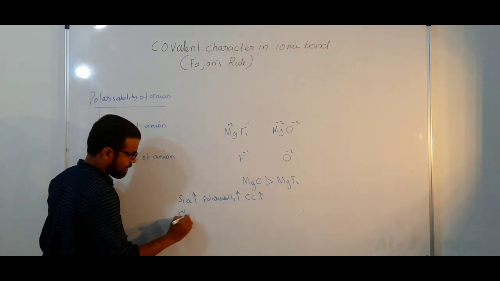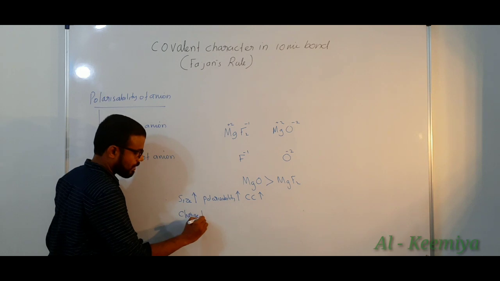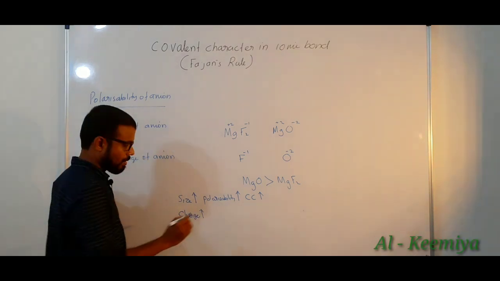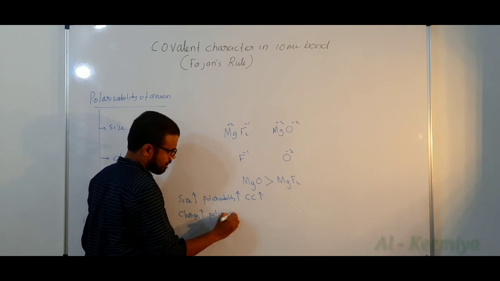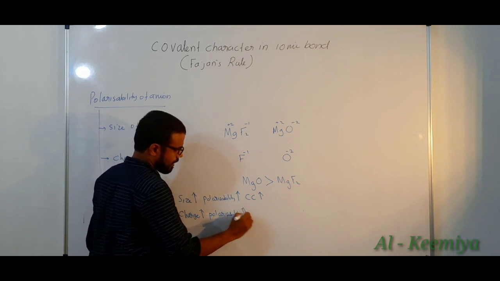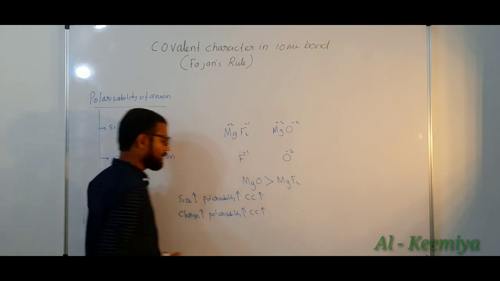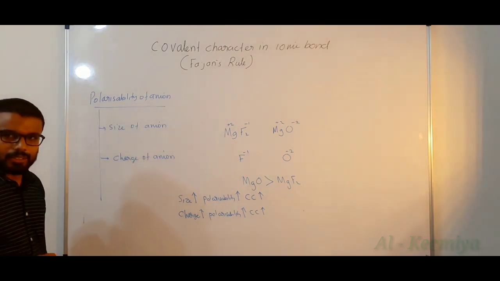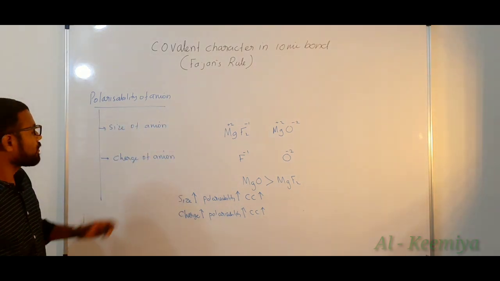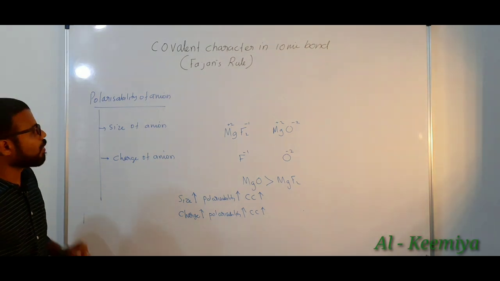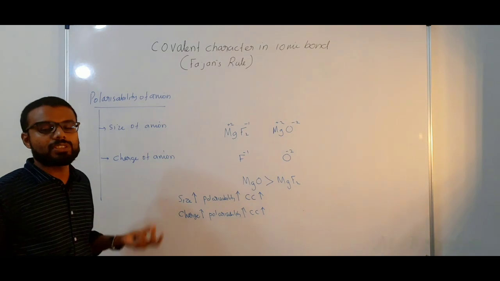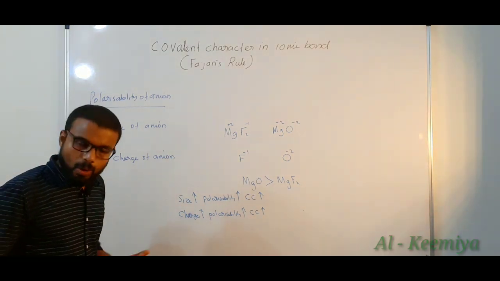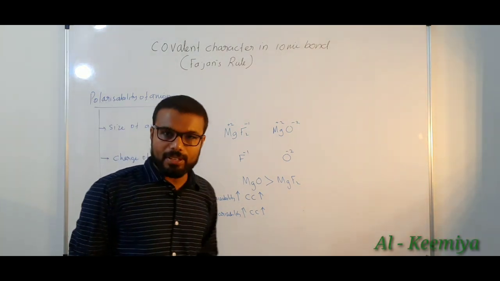Now, charge increases, polarizability increases, covalent character increases. Okay, clear? So this is what polarizability of anion. Okay, so these are the factors on which the covalent character of ionic bond depends.